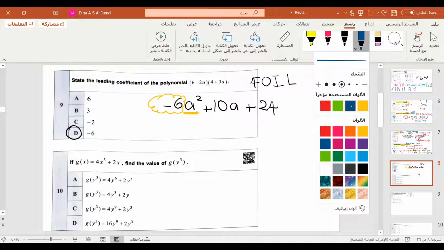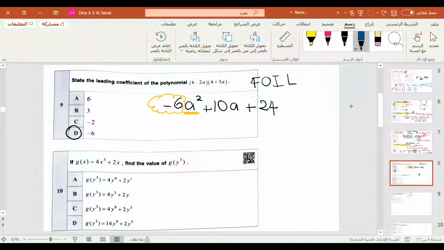Now, he is telling you if g of x is equal to 4x cubed plus 2x, find the value of g of y cubed. That means he is giving you a function and would like you to substitute inside with the other function. So your x this time will be y cubed.